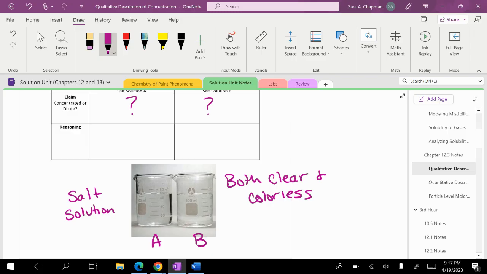And so there are many solutions that are colorless: hydrochloric acid, sulfuric acid, vinegar, ammonia, sodium hydroxide, many solutions we use in chemistry that are clear and colorless.